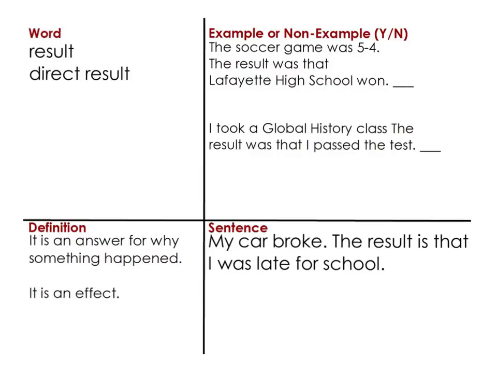We will say that Lafayette had 5. The next sentence, I took a global history class. The result was that I passed the test. And there's no period, but now there is.